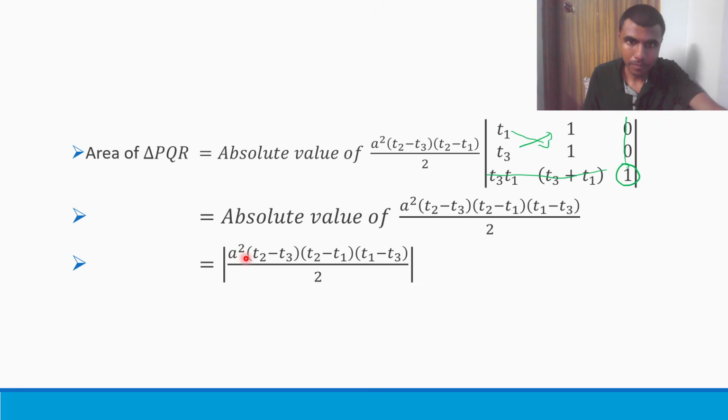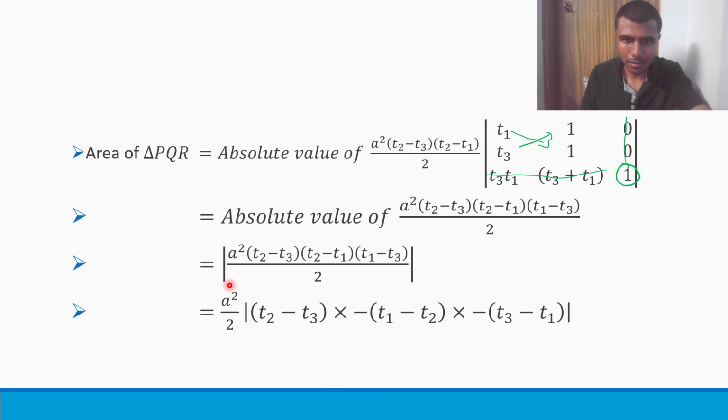Now next, absolute value is nothing but modulus. That's why instead of writing absolute value of this, I just kept modulus. Now I'm going to do a little rearrangement.